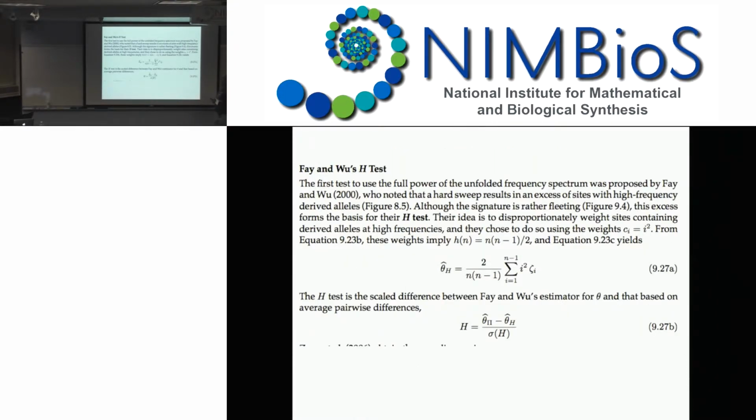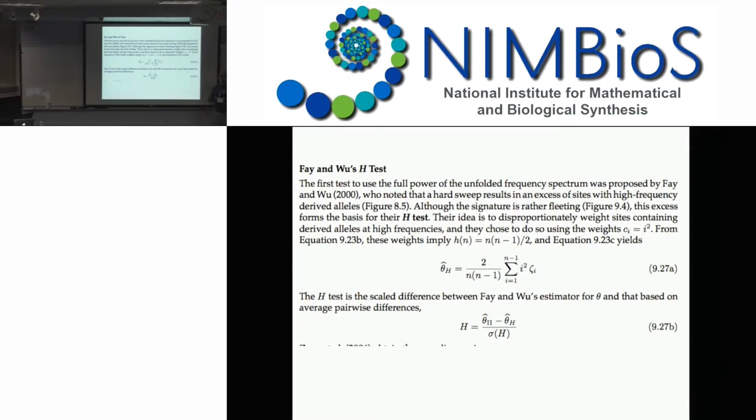So Fay and Wu's H test, the weights that are now given are i squared. So this is now for the unfolded frequency spectrum. So I can weight high values. What this simply says is as you have a site with a higher and higher fraction of derived alleles, you weight it more.